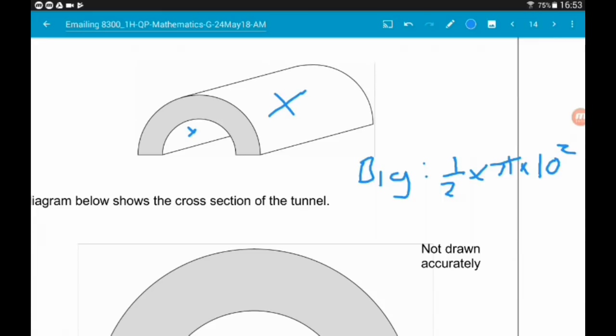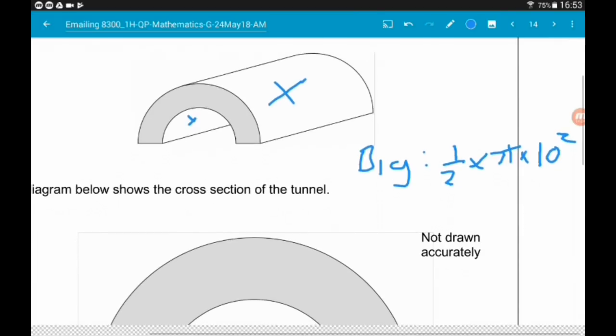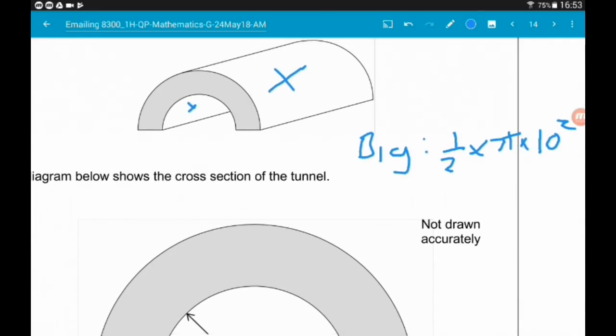It's half because we've got a semicircle, so we're finding half the area of a circle. 10 squared is 100, so we get 1/2 times 100 pi, which gives us 50 pi.